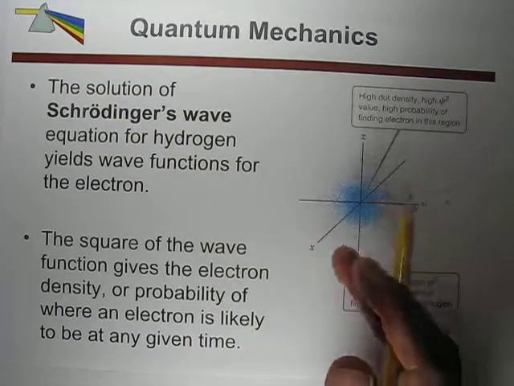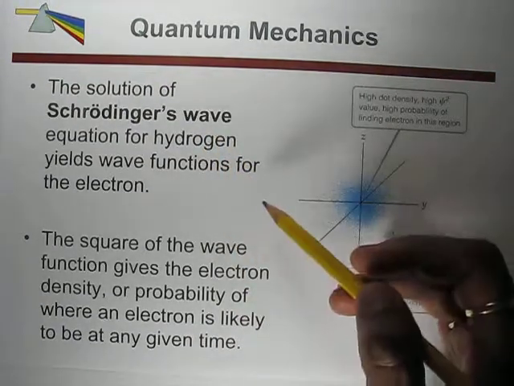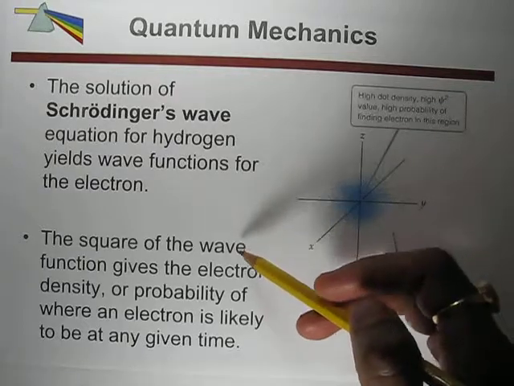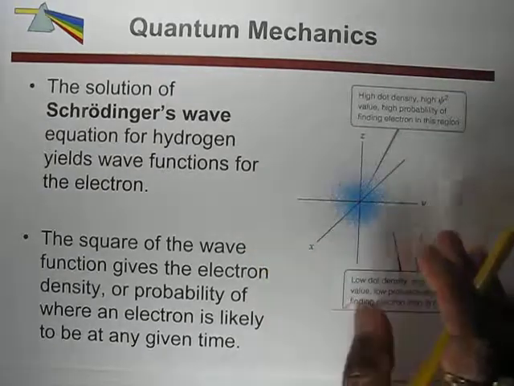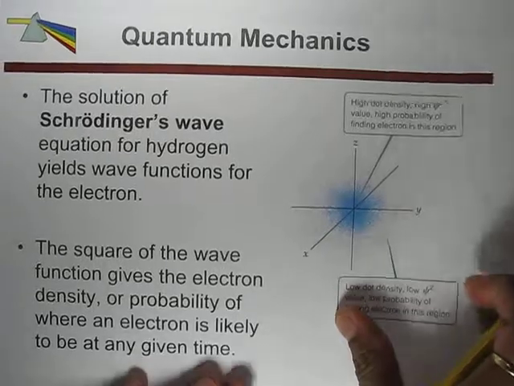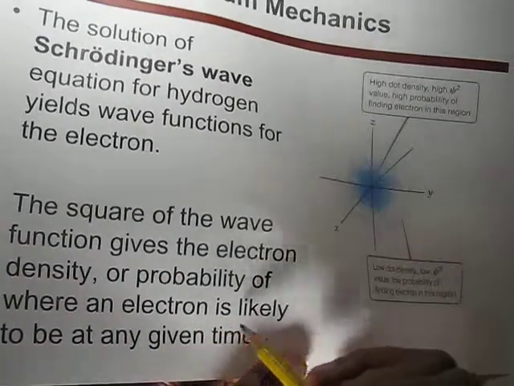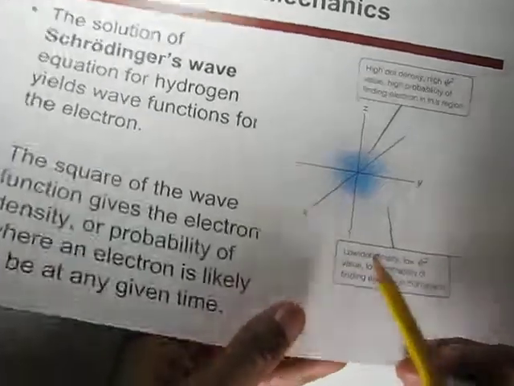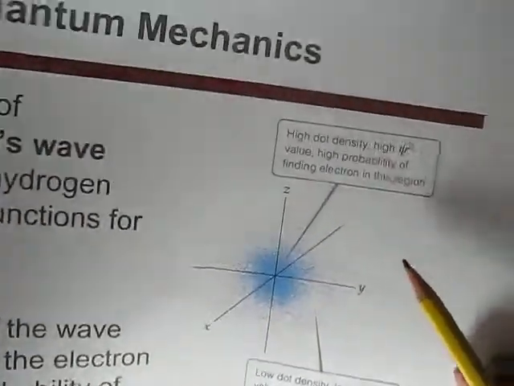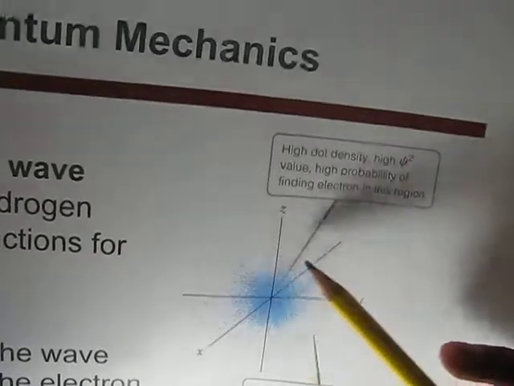So he presented a mathematical equation, and based on that we can calculate the probability of finding the electron at a particular place, because it is not fixed where the electron will be.